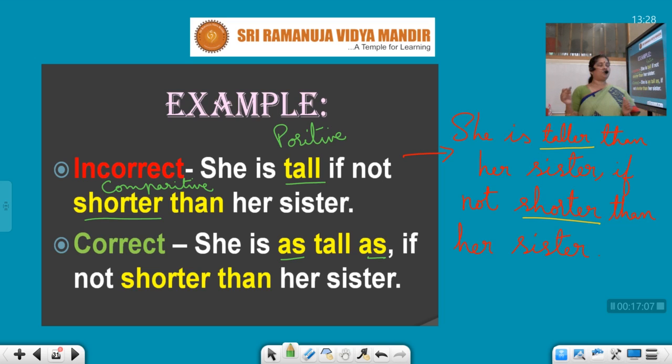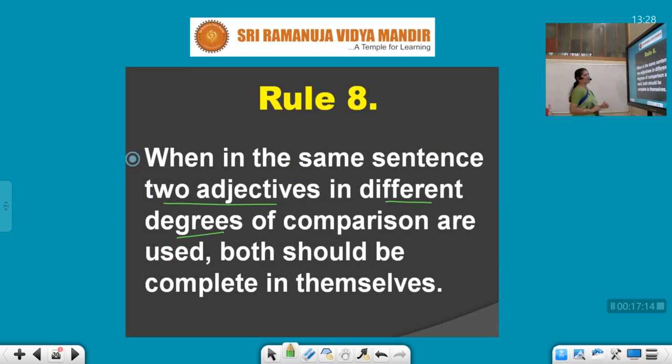That's a rule. So when I'm having two degrees of comparison in the same sentence, now I suppose you can understand the meaning of the 8th rule. When in the same sentence, two adjectives in different degrees of comparisons are used, both should be complete in themselves. Both should be complete in themselves means, as per rule, positive must have as before and after.